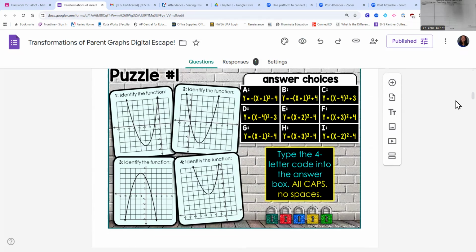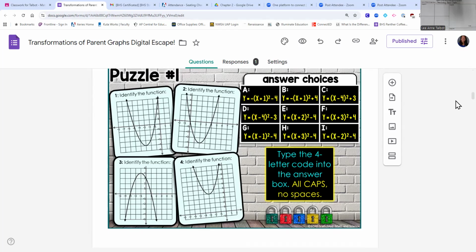All right, so here's puzzle 1. Okay, so let's talk about puzzle 1. For this one, what you're supposed to do is identify the vertex of each one. Can you guys tell me where the vertex is on number 1? -3, -4.